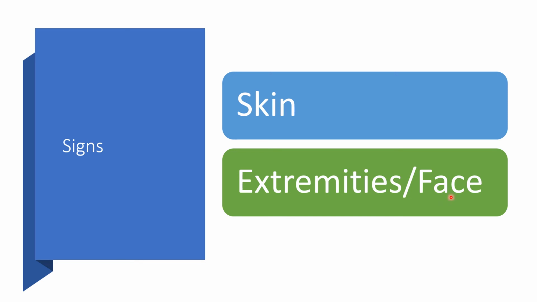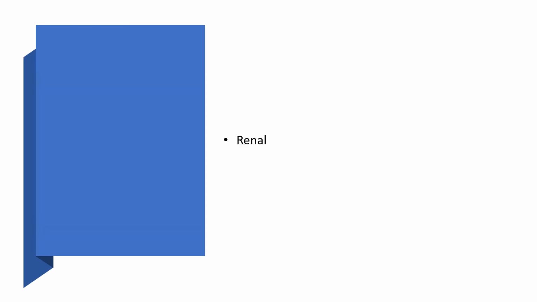While in the facial region, you can pick tenderness along the facial and cheekbones. The renal system may run into renal failure with all the features of renal failure, and of course kidney infarction. We can have glomerulonephritis, and so on.